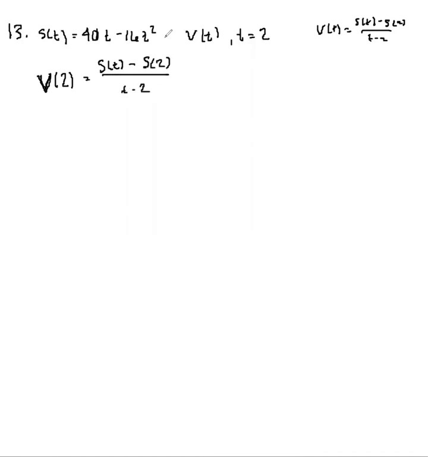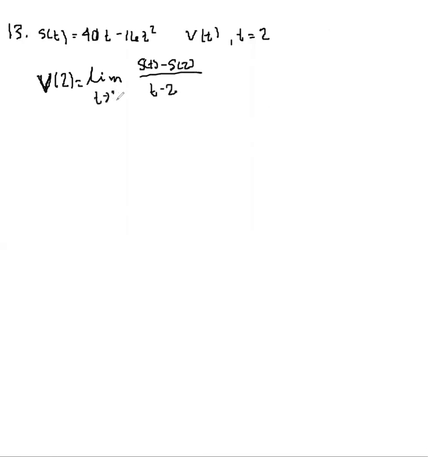We're looking exactly for the velocity at t equals 2. Or rather, this is a limit. I'm so sorry, I missed that. It's the limit of S of t. So ignore what I had written up there because that was also incorrect. This limit is as t goes to 2, because our time is approaching 2 seconds.